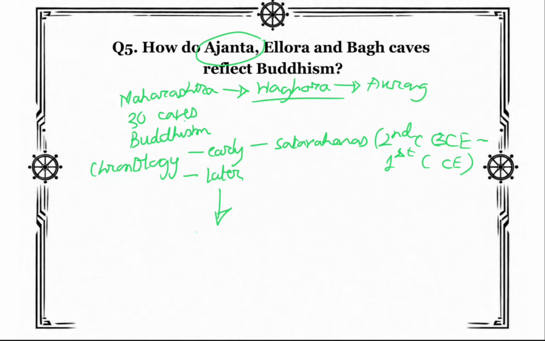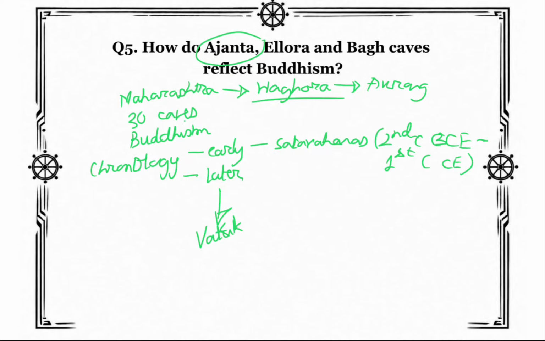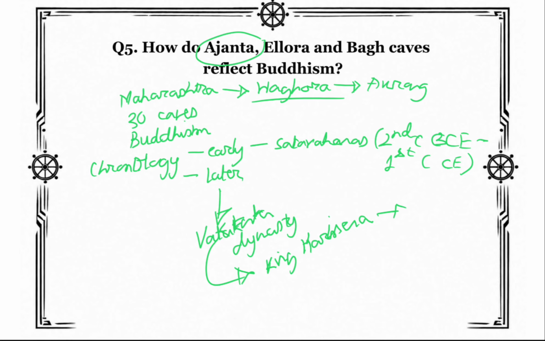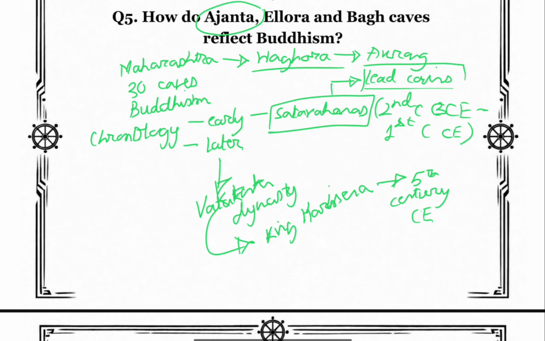The later phase was coterminous with the Vakataka dynasty, the most famous king being Harisena, 5th century CE. You should remember Satavahanas for Gautamiputra Satkarni, and Satavahanas issued lead coins. Keep making these interconnections. It helps you revise better.